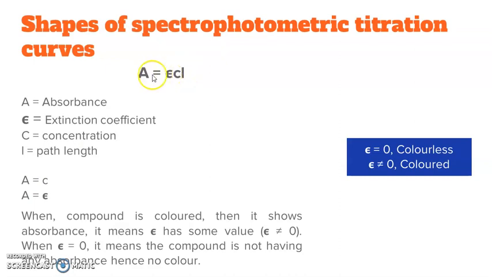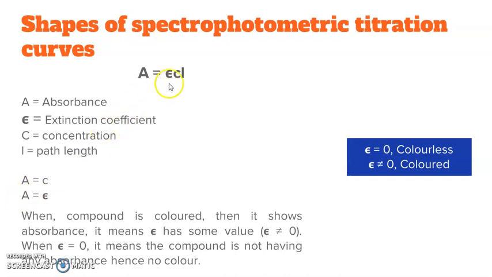If that is the case, A will be equal to C, where absorbance is equal to the concentration. Then if I increase the concentration, the absorbance will proportionally increase. If there is an increase in the absorbance, that is because of the increase in the concentration, and vice versa.